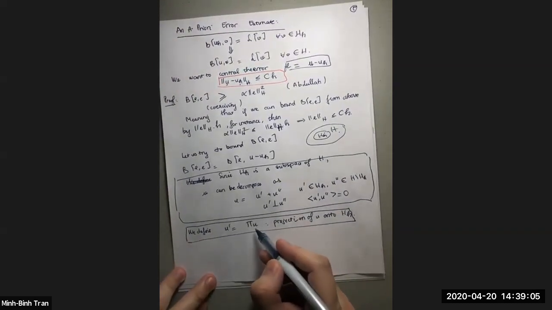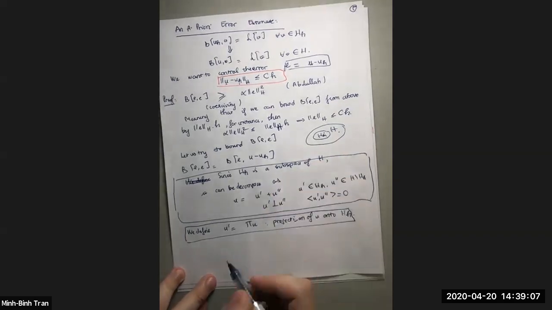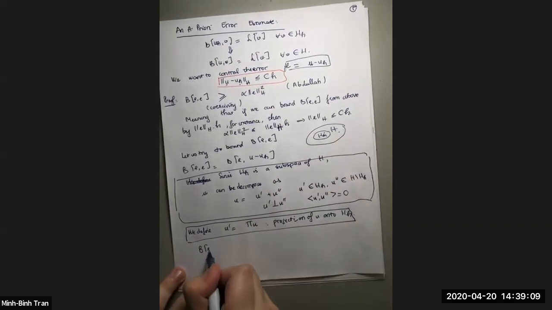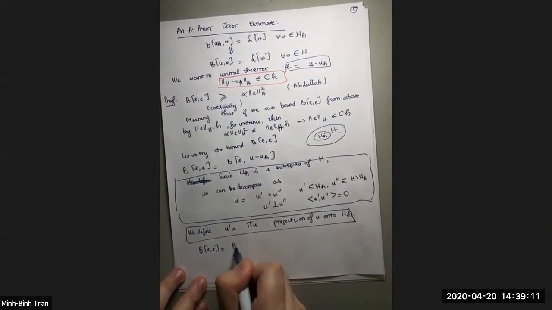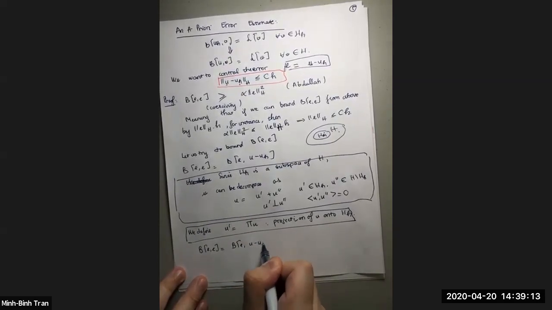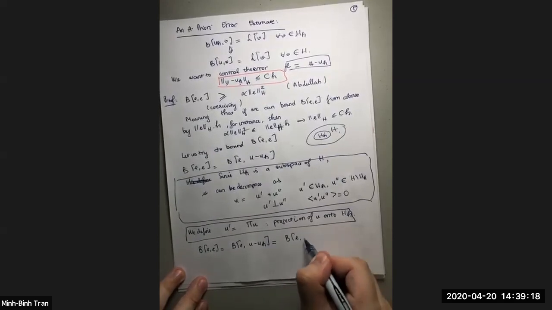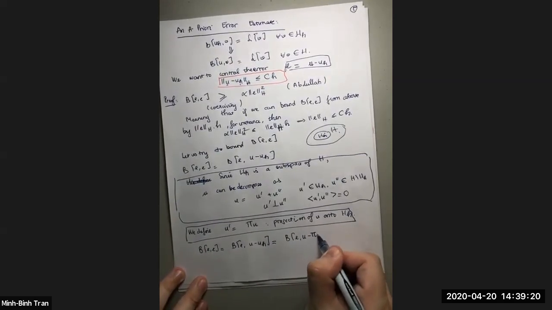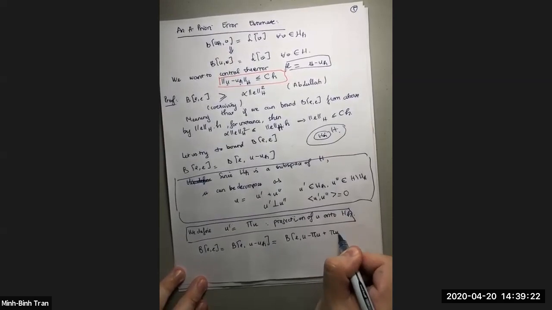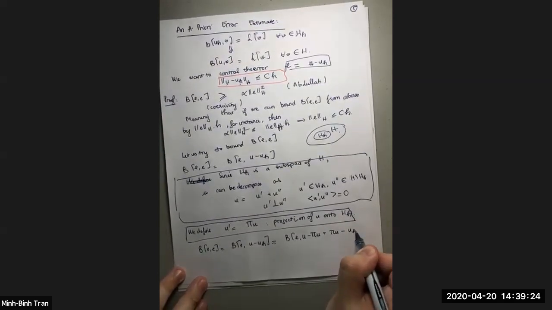Now I'm going to use this U prime here. So we have B of E, E, which is B of E, U minus UH, and this is equal to B of E, U minus pi U plus pi U minus UH.